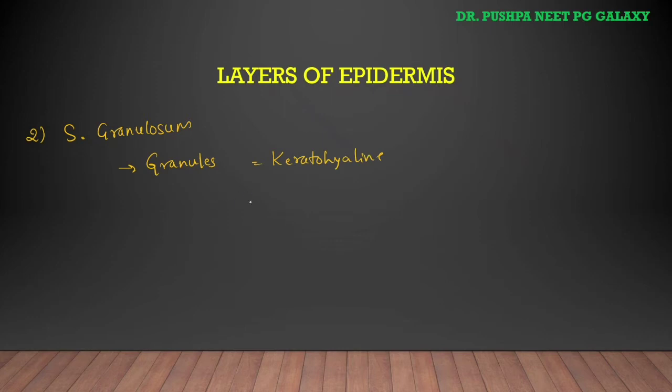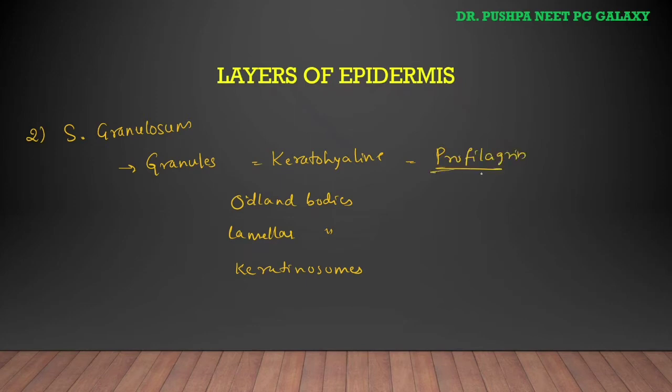They have different names like Woodland bodies or lamellar bodies, or they are also called keratinosomes. These keratohyalin granules contain profilagrin. Next layer is stratum spinosum.